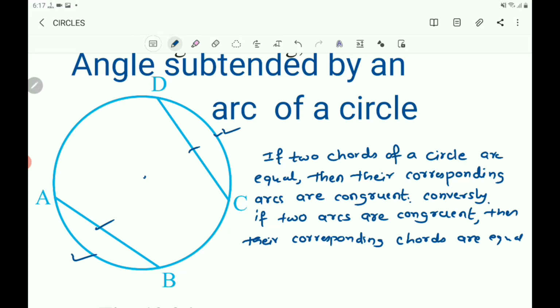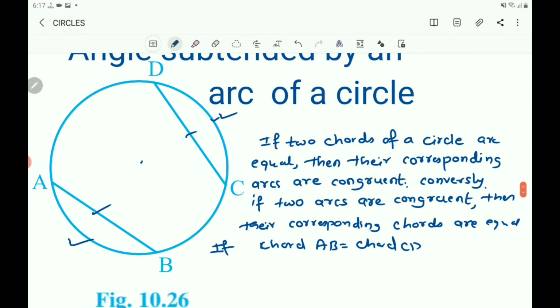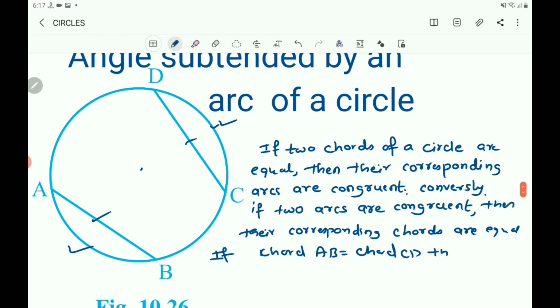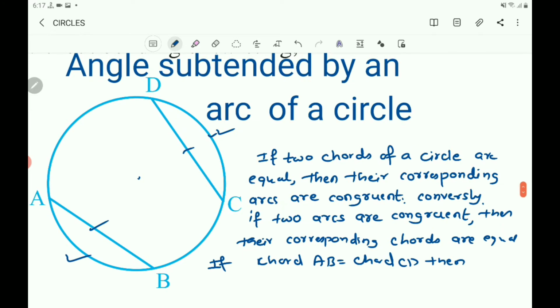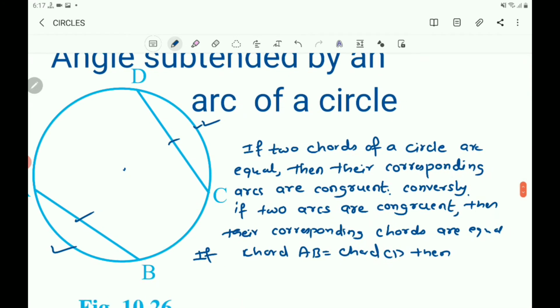So you can write that if chord AB equals chord CD, then arc AB equals arc CD.